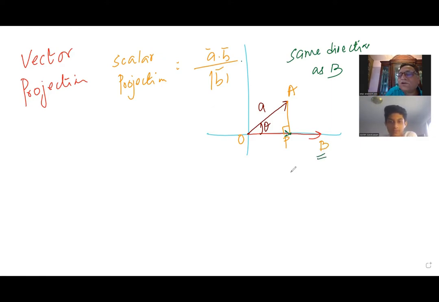So what is the direction along B? We can say the unit vector along B, which will give me the direction. The magnitude is the scalar projection.